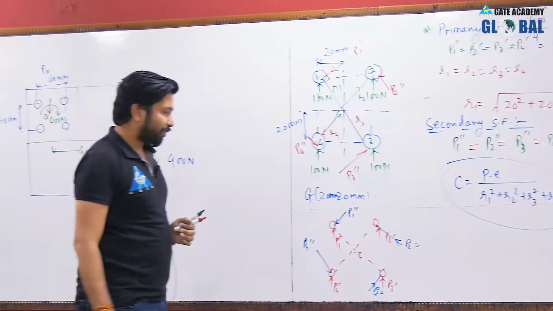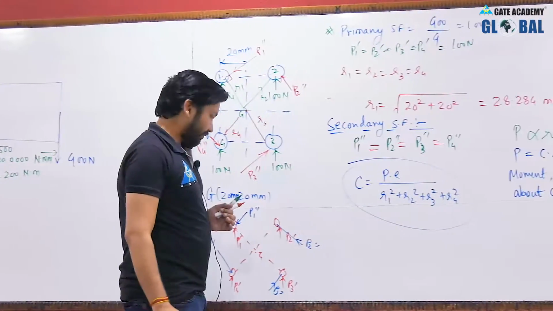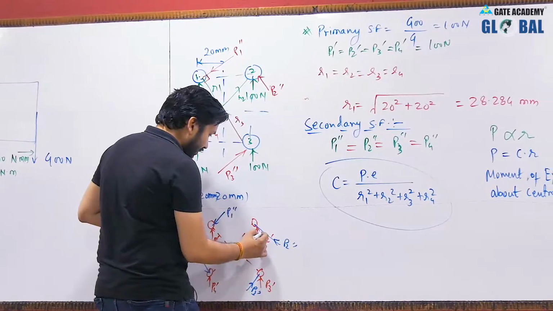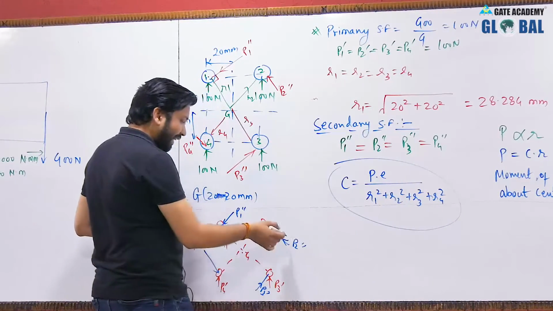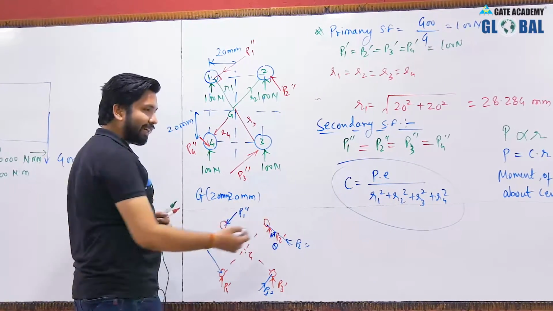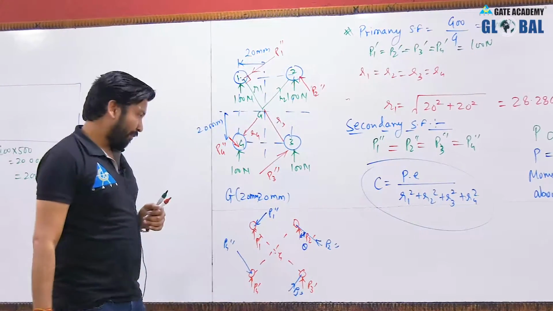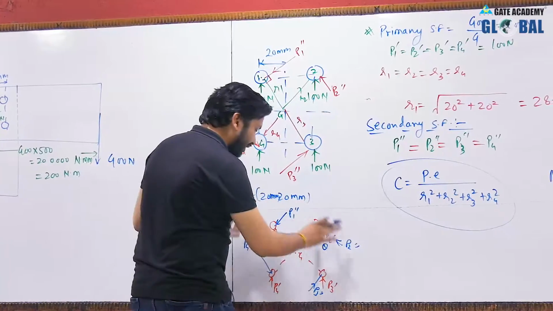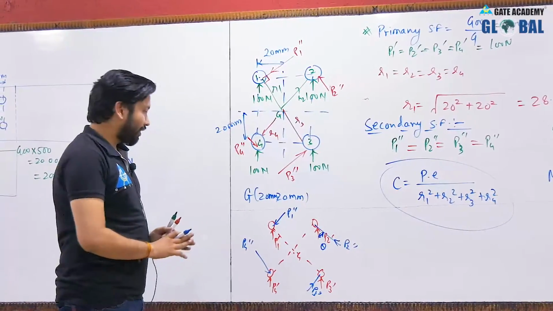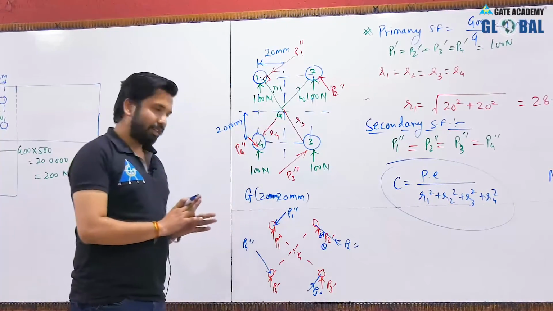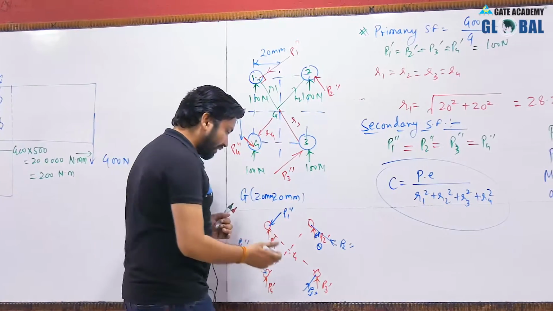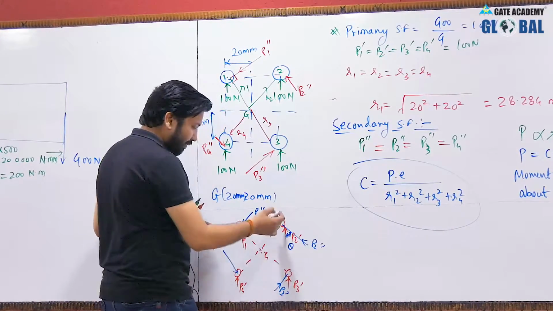Now I have told you about the rivets which have the minimum value of theta. What is theta? Theta is the angle between the primary shear force and the secondary shear force. If theta is minimum, then the resultant will be maximum. As you can see, the secondary shear force is the same for every rivet, the primary shear force is also the same for all the rivets, and the rivets are arranged symmetrically.